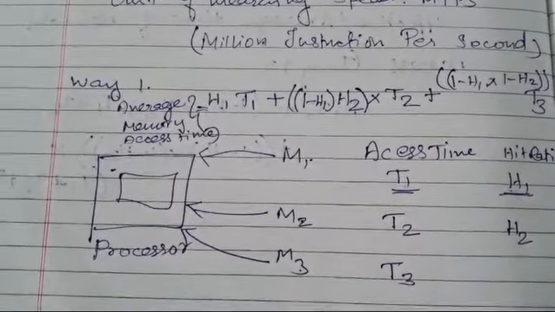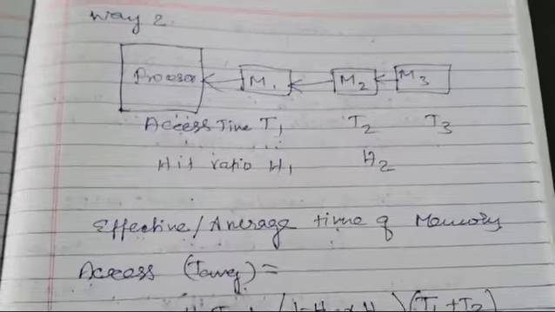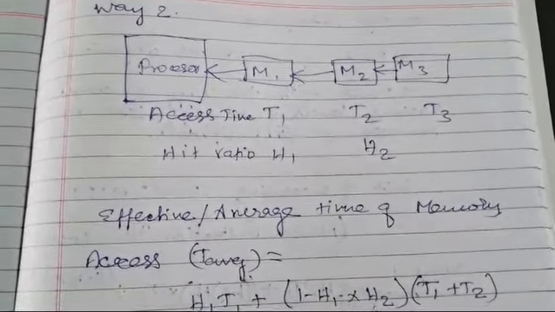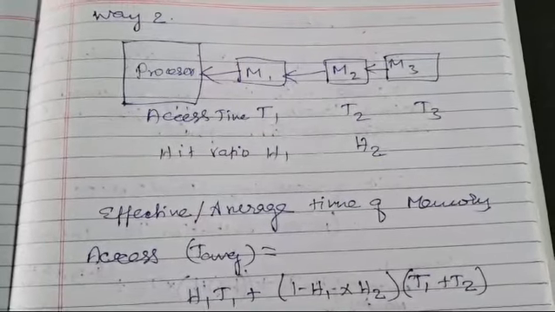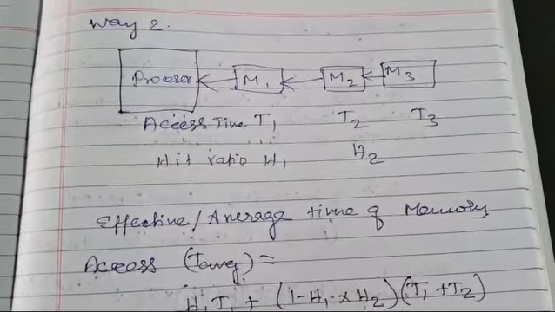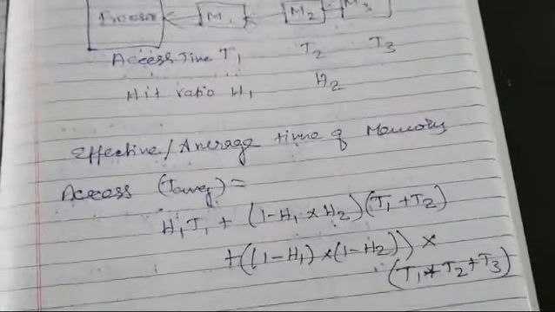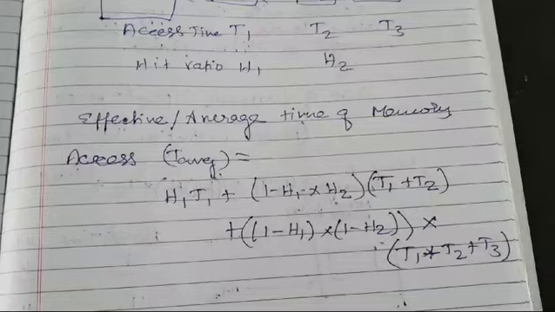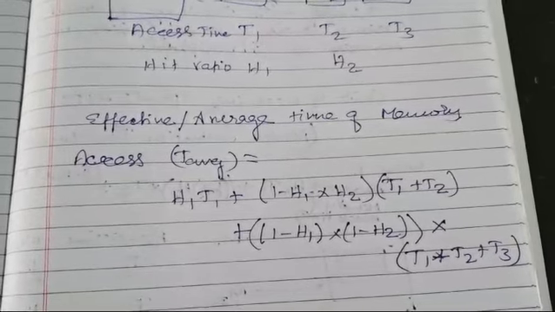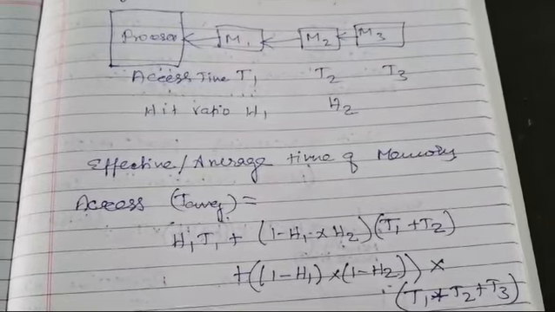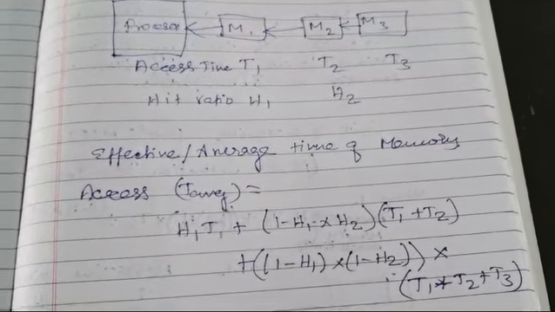The second way we can calculate is where the memories are connected serially to the processor. Likewise, we take access times T1, T2, T3 and hit ratios H1, H2. The effective access time, T average, is equal to H1 T1 directly.